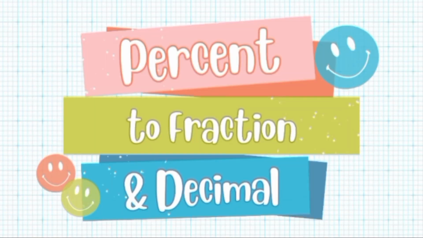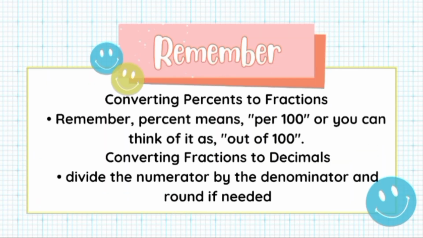Lastly, we are going to convert percents to fractions and decimals. Remember, when converting percents to fractions, percent means per 100, or you can think of it as out of 100. While converting fractions to decimals, divide the numerator by the denominator and round if needed.